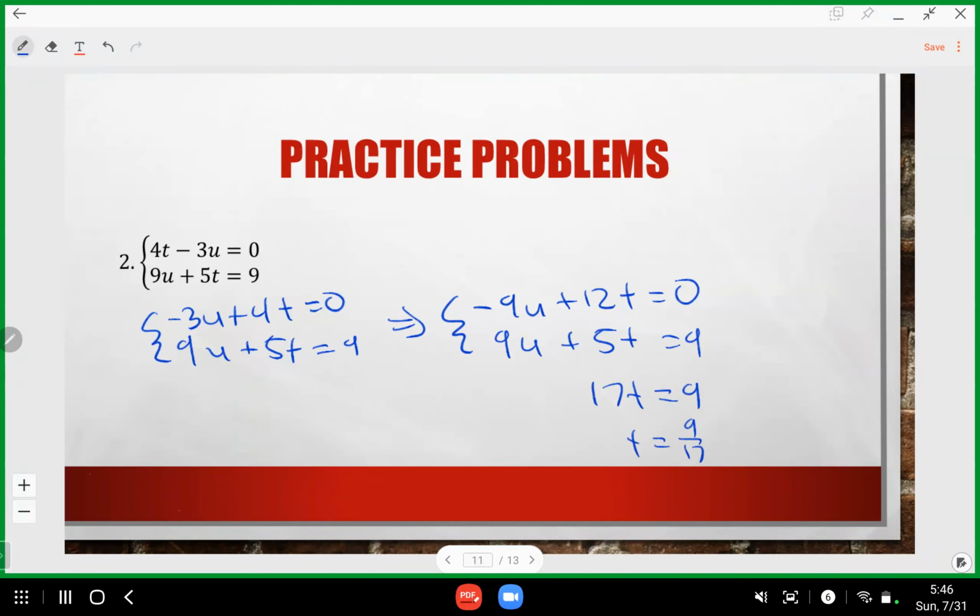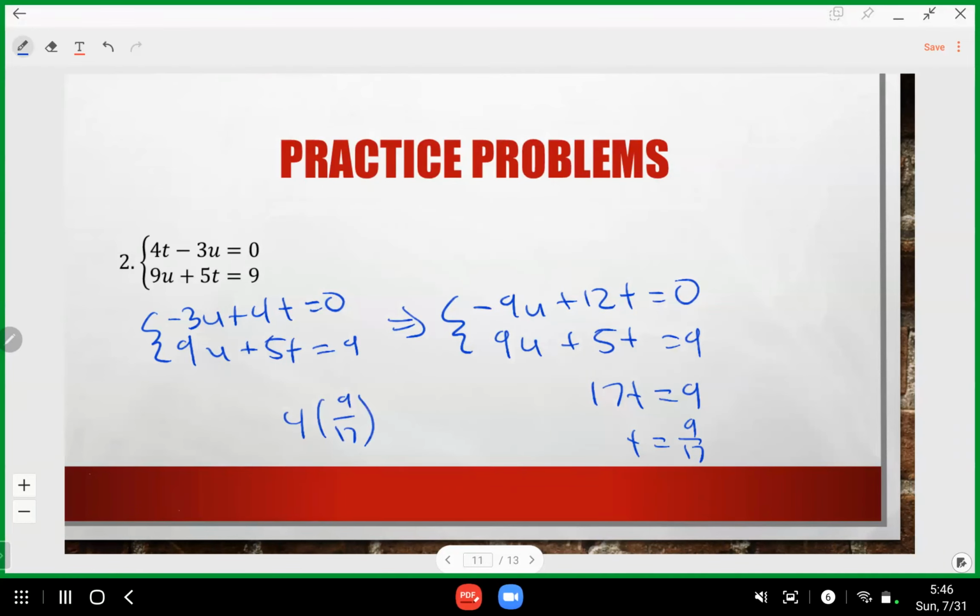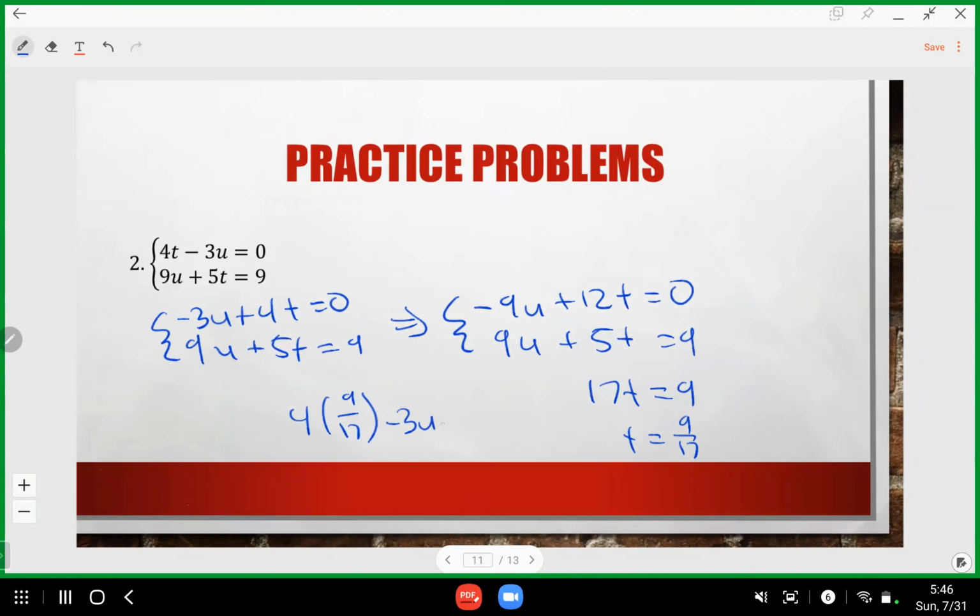Right? And then you can plug that back in. 4 times 9 over 17 minus 3u is going to be equal to 0. So 36 over 17. So let's just multiply everything by 17 first.